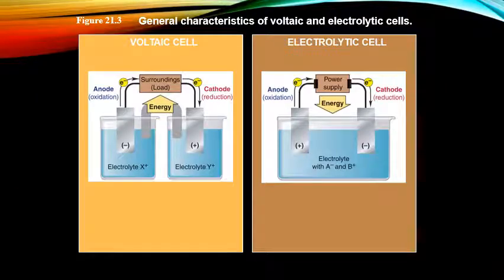So I just want to do a quick little rundown on the different types of electrochemical cells that we can have. The first one is what we call a voltaic cell, and in a voltaic cell, energy is released from the spontaneous redox reaction. This one is also something that you'll see termed as a galvanic cell, and that just basically means that it will happen naturally.